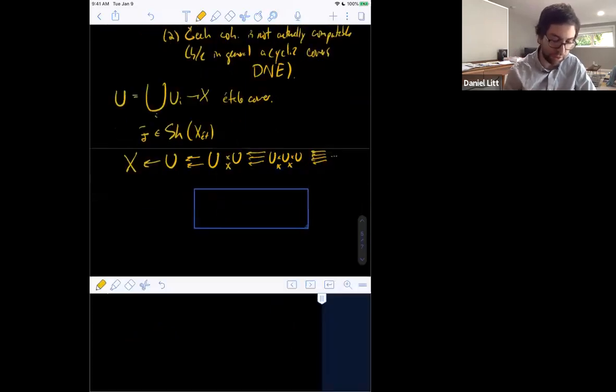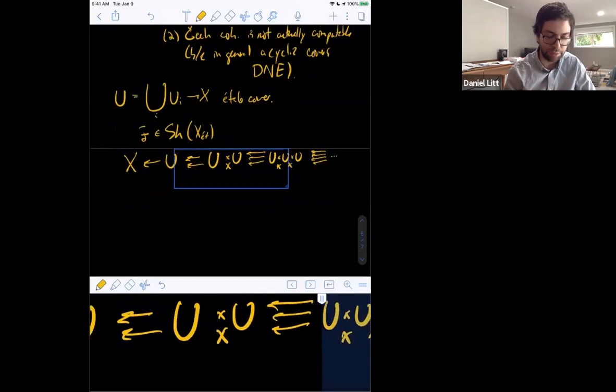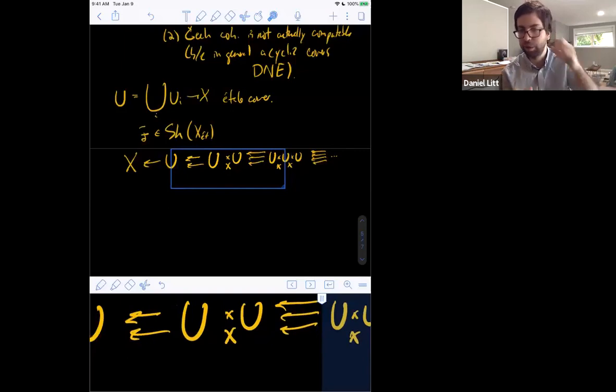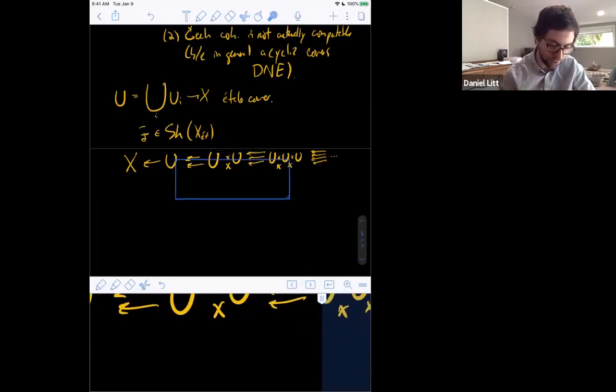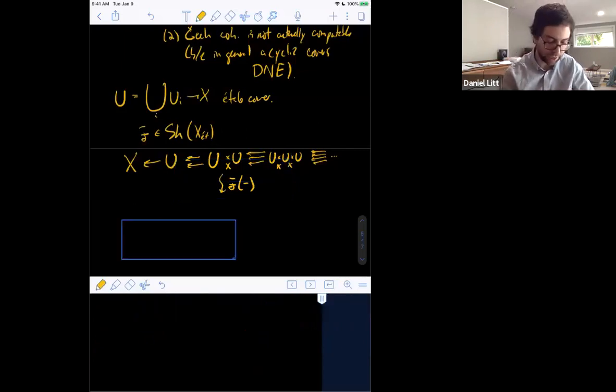Okay. So note that it's not literally that, right? Unless you're allowed to intersect an open with itself. So for example, U_i cross U_i over X lives in here, so kind of the intersection of something with itself. Now given our sheaf, we can apply our sheaf F to this diagram, and we get a diagram going the other way.